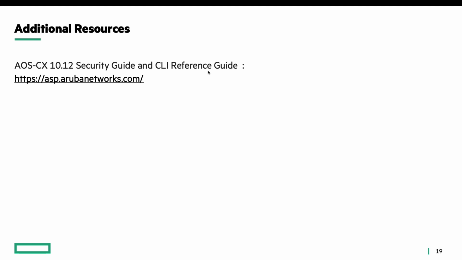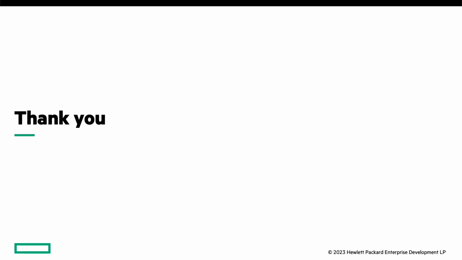These two guides you can access from the public resources on asp.arubanetworks.com, where you can also find all other types of configuration guides for other features. With that, it's the end of the presentation of the SSH server allow list feature, which is coming with AOS-CX 10.12. And I just thank you now for attending this presentation.